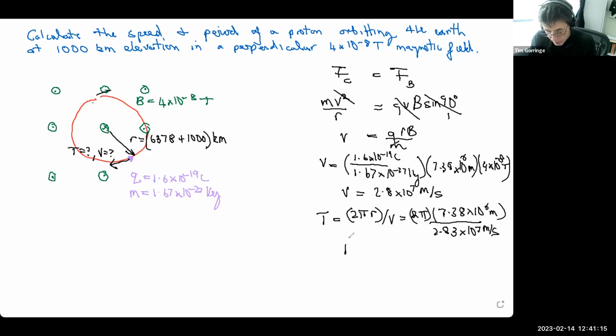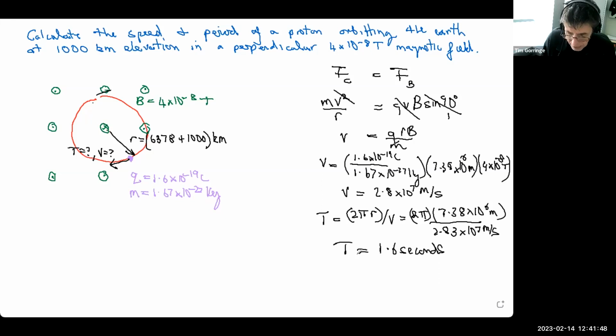And if we divide one by the other, we get a rather everyday number. I got 1.6 seconds. That's 1.6 seconds to go around the entire Earth at 1,000 kilometers above the Earth's surface. So it takes a very high speed, 10% of the speed of light, to completely orbit the Earth in 1.6 seconds. And so that's the solution to my problem.